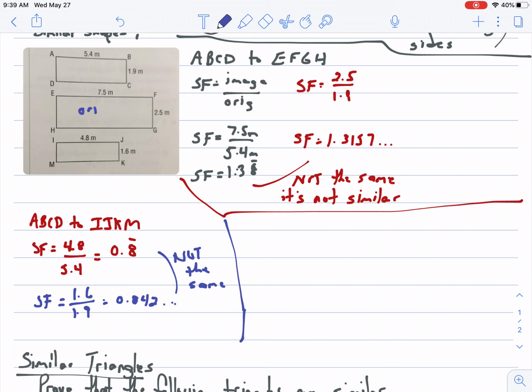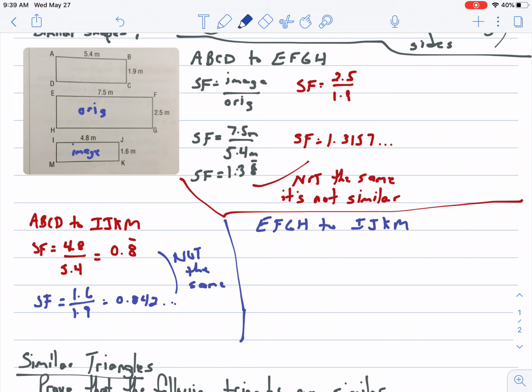Same logic. I have to start by assigning my image and my original so I can compare my scale factors. So I'm basically comparing EFGH to IJKM, and I'm just deciding if they're similar. So same logic that I'm going to go through this one.